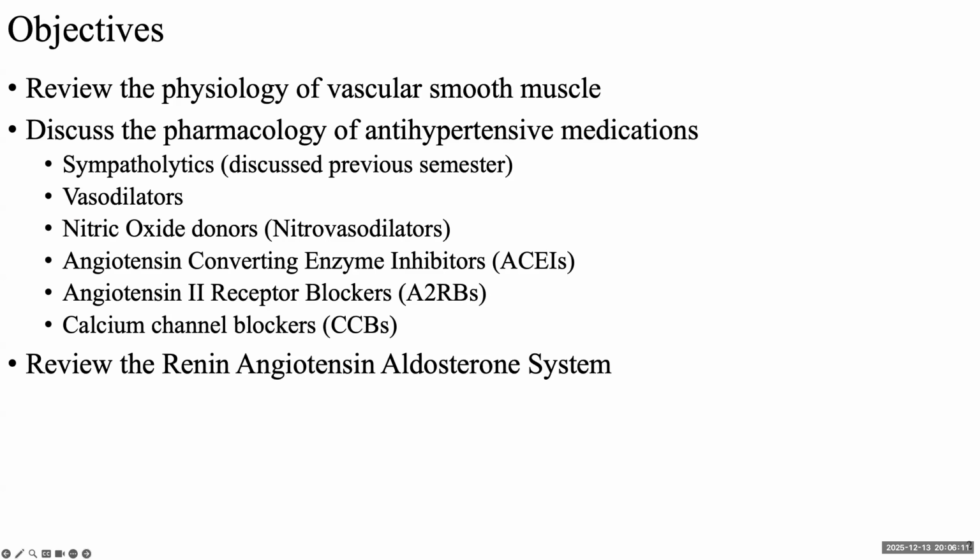We'll start with a review of the physiology of vascular smooth muscle, and then we'll go into the pharmacology of various antihypertensive medications, starting with a review of sympatholytics, which we went over last semester, and then we'll go into some direct vasodilators, and then nitric oxide donors, or nitrovasodilators, angiotensin converting enzyme inhibitors or the ACE inhibitors, and then the angiotensin 2 receptor blockers or the A2RBs, and then we'll wrap up with calcium channel blockers.